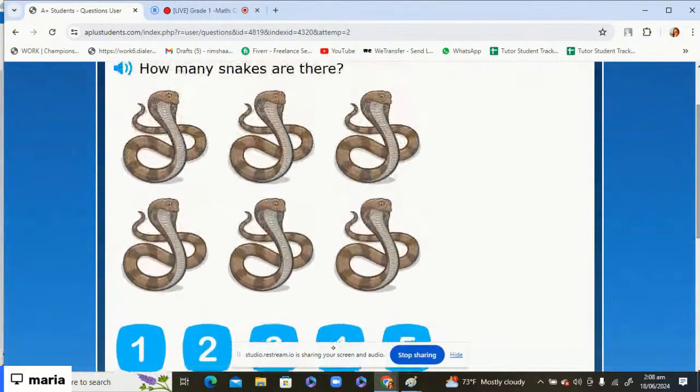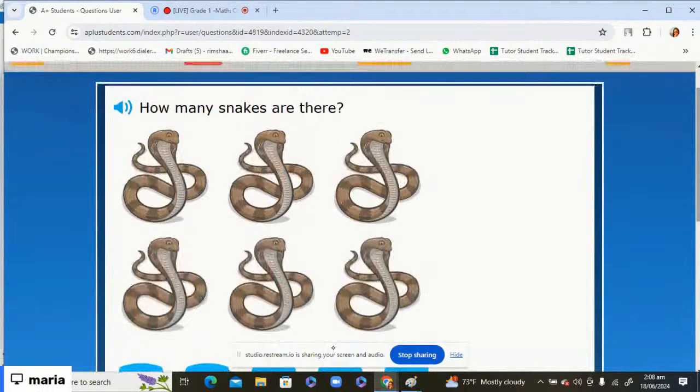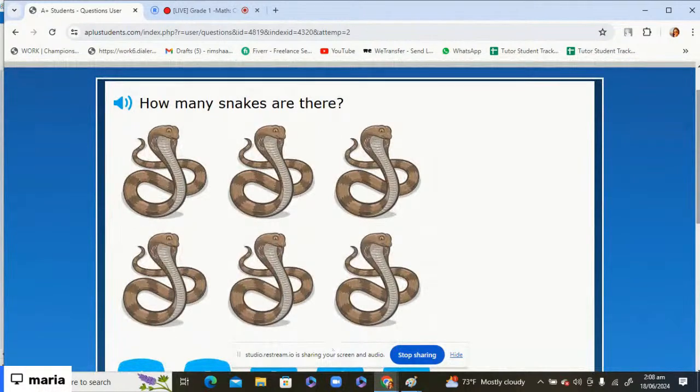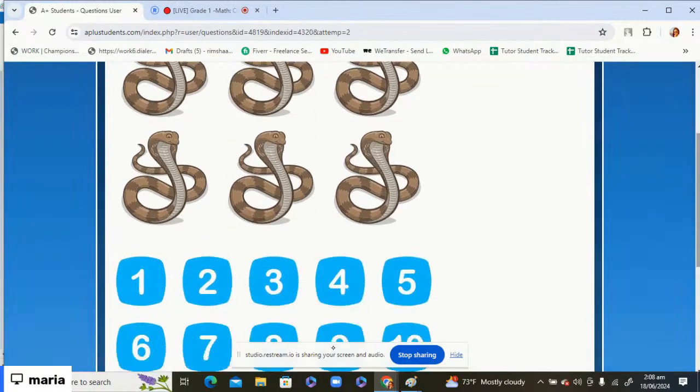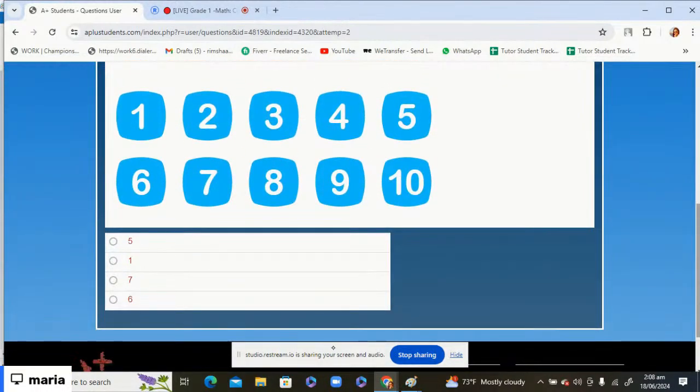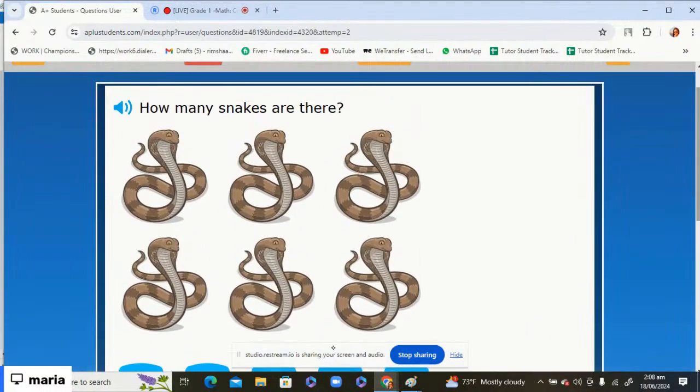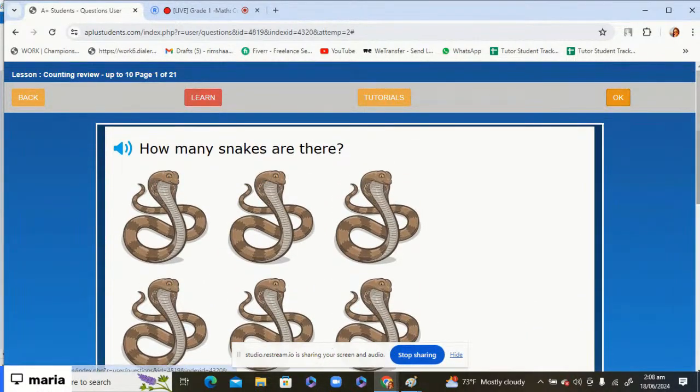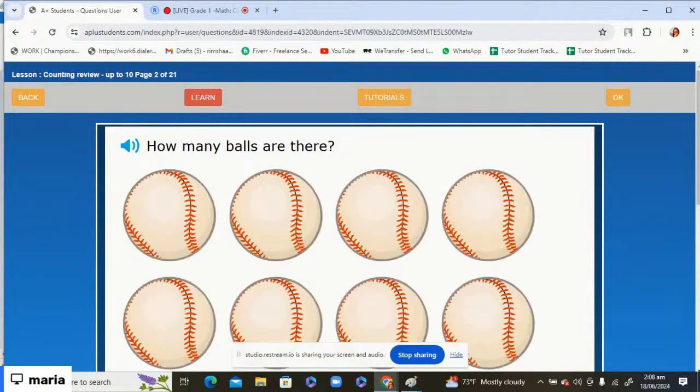Count it, all of you, then tell me how many. There are one, two, three, four, five, and six. There are six snakes. So we click the option six and then okay. So this is the right option.